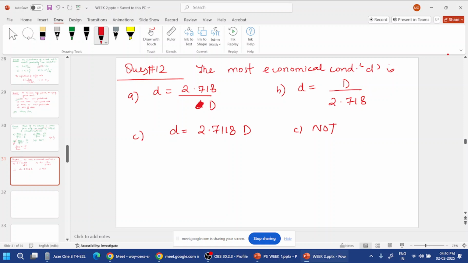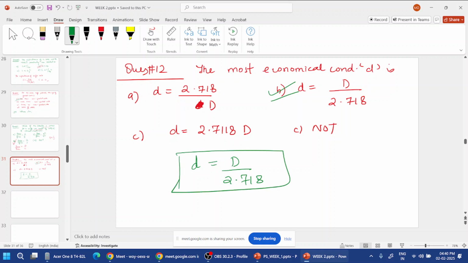No, no. The answer is this, just a second. d is equal to D by 2.718. This is the correct one.